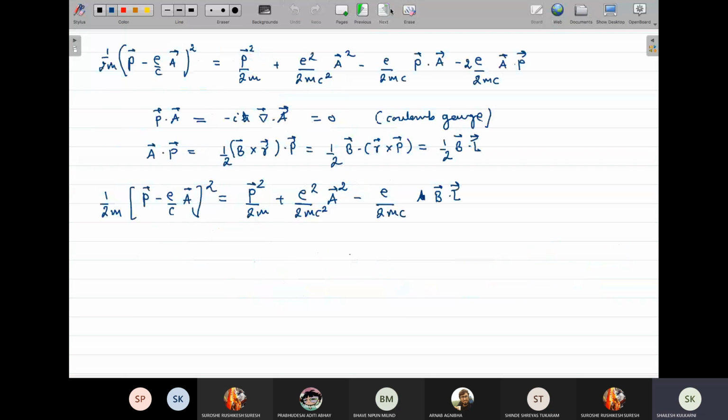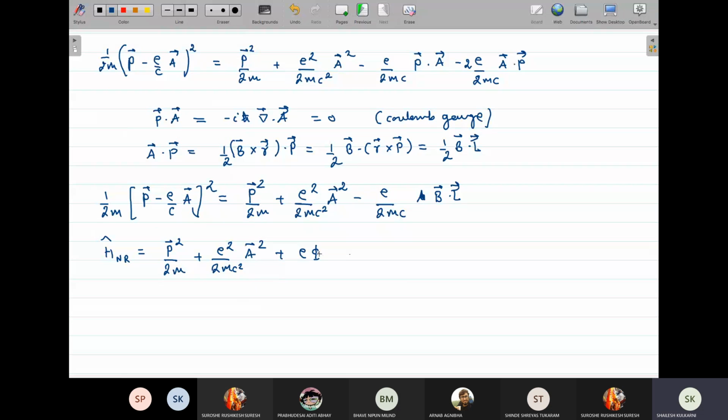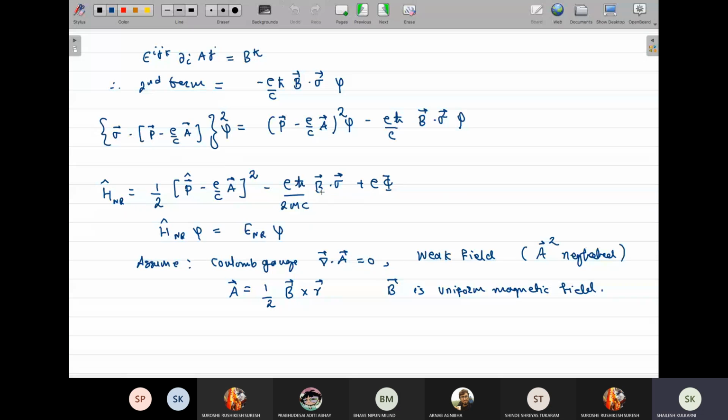Now we will attach this term. So H non-relativistic will be P square divided by 2m plus e square divided by 2mc square A square, then e phi, and then I will write this term: minus e divided by 2mc B dot L, and then there is h cross, so B dot sigma.